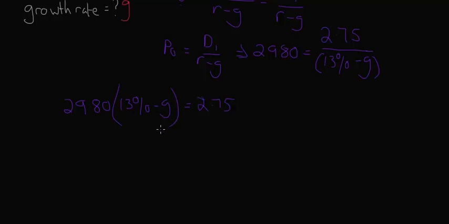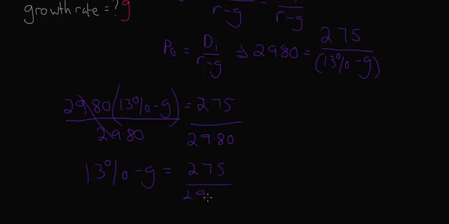Then I would bring down the 29.80, cancelling these out, so we're left with 13% minus G equals 2.75 over 29.80, and then proceed to rearrange very easily to say that G equals 13% minus 2.75 over 29.80.